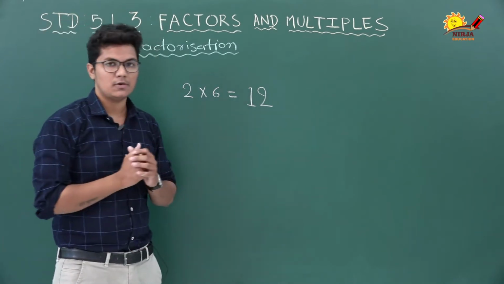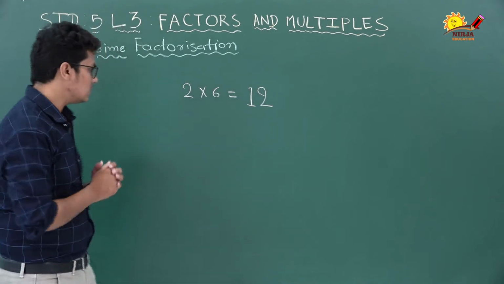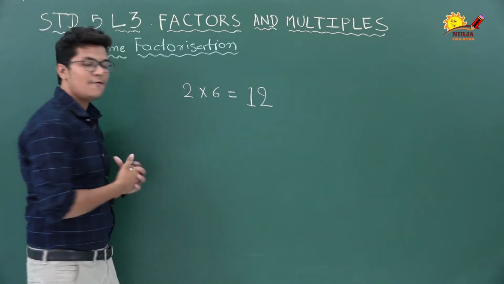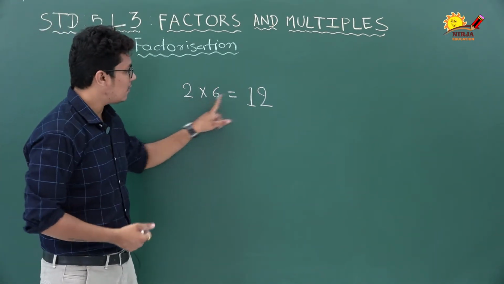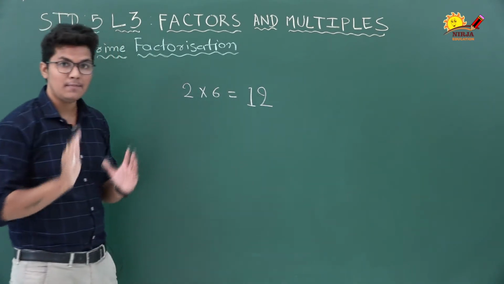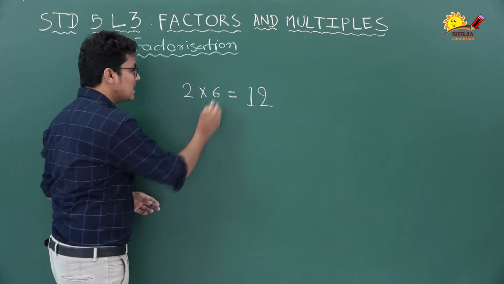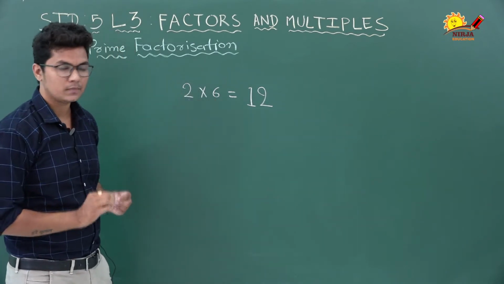So 12 is a product here and the numbers which are multiplied to each other are called factors, okay? So 2 and 6 are factors of 12, right? But are 2 and 6 both prime numbers? No, only 2 is a prime number, whereas 6 is a composite number, okay?